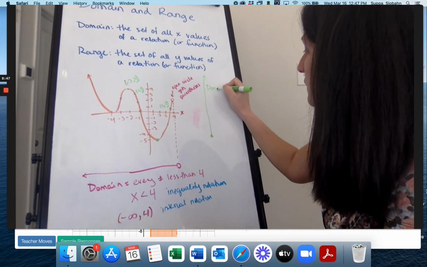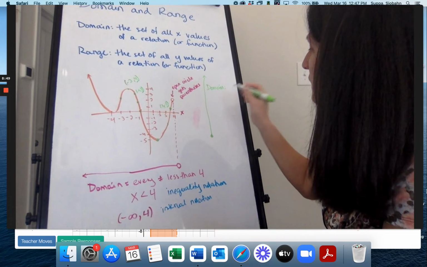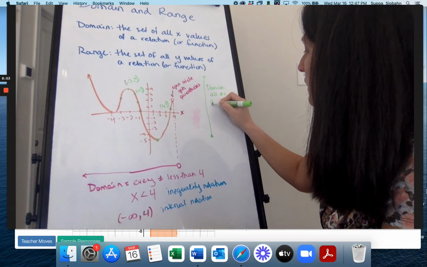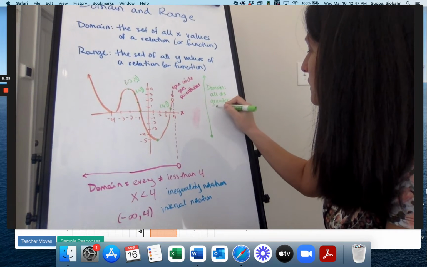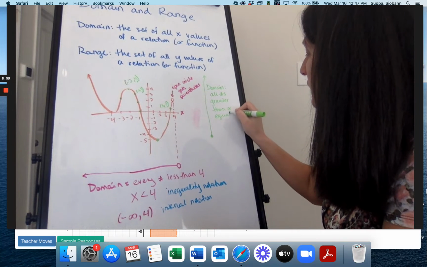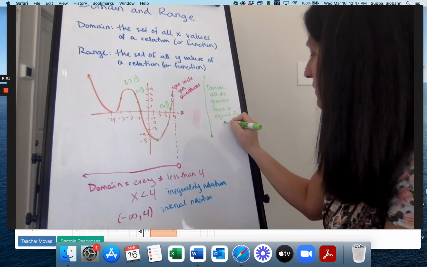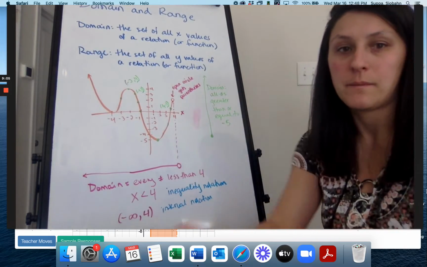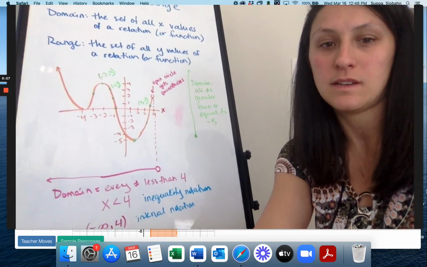So here you go. The range in English is all numbers greater than or equal to -5, because that's the lowest value there. It's everything greater than or equal to that going up. Put this up here so you can see.